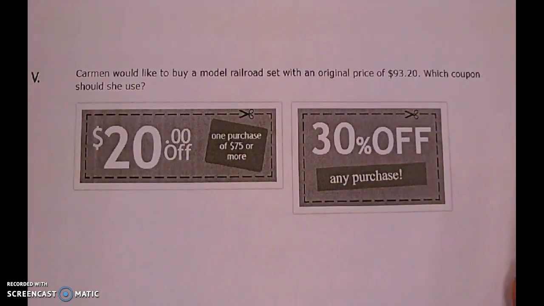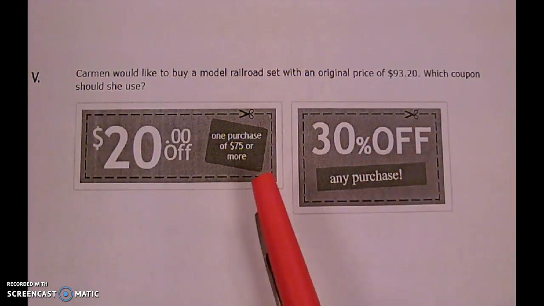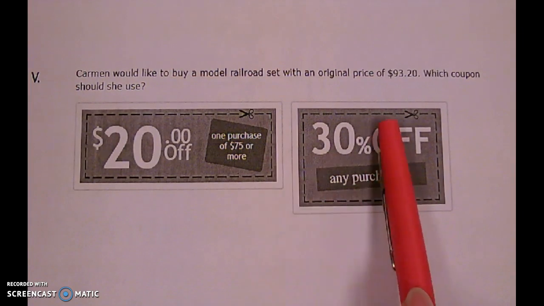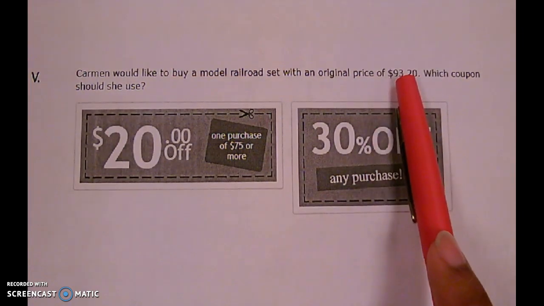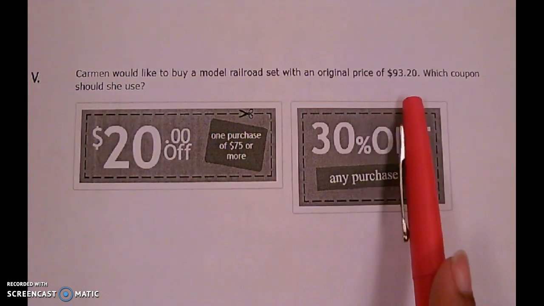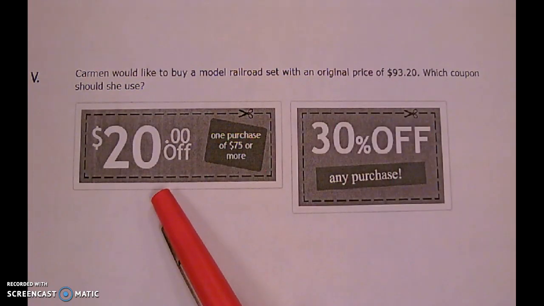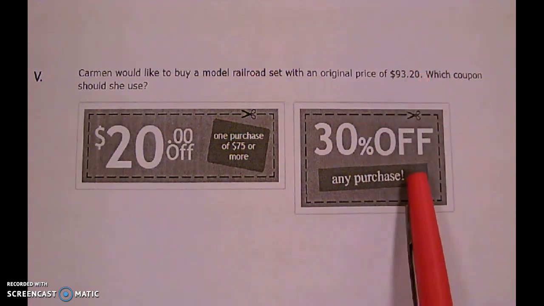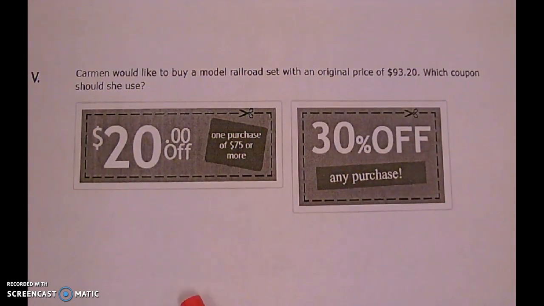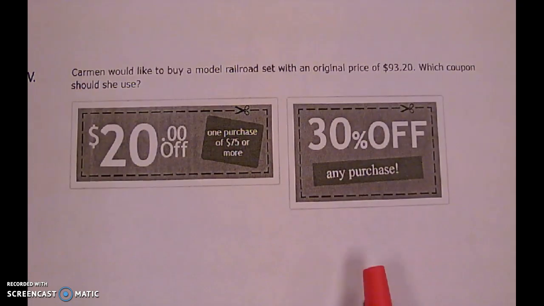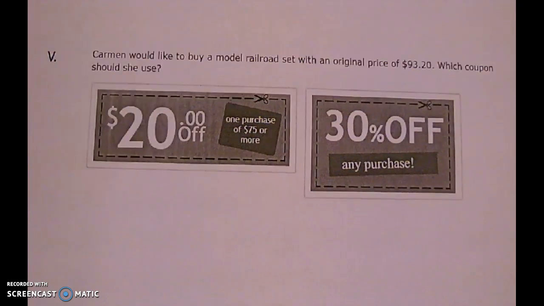There's another question that asks which coupon you should use to get the best deal out of this situation. So that means you're going to have to figure out how much you would pay if you use the $20 coupon off, or how much you would pay if you use the 30% off coupon. Those are 2 different situations. And when you figure out both of those, then you can determine which one is the best deal.